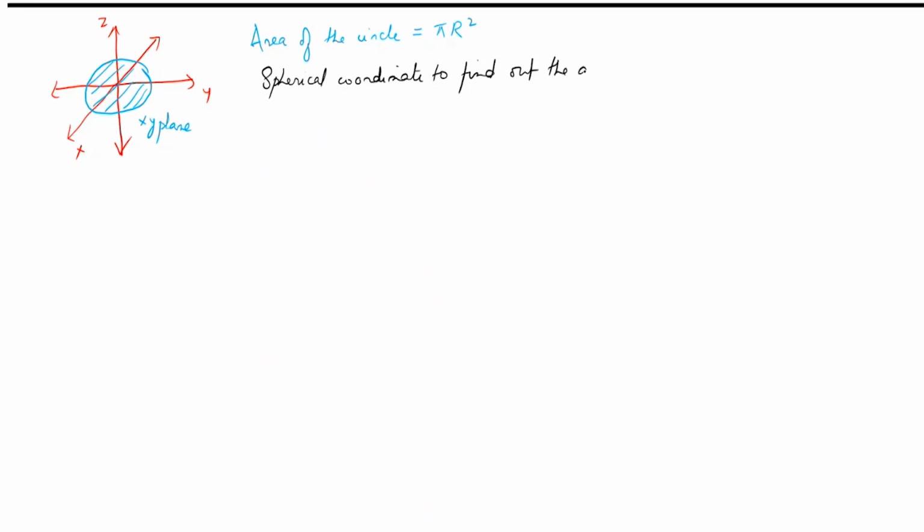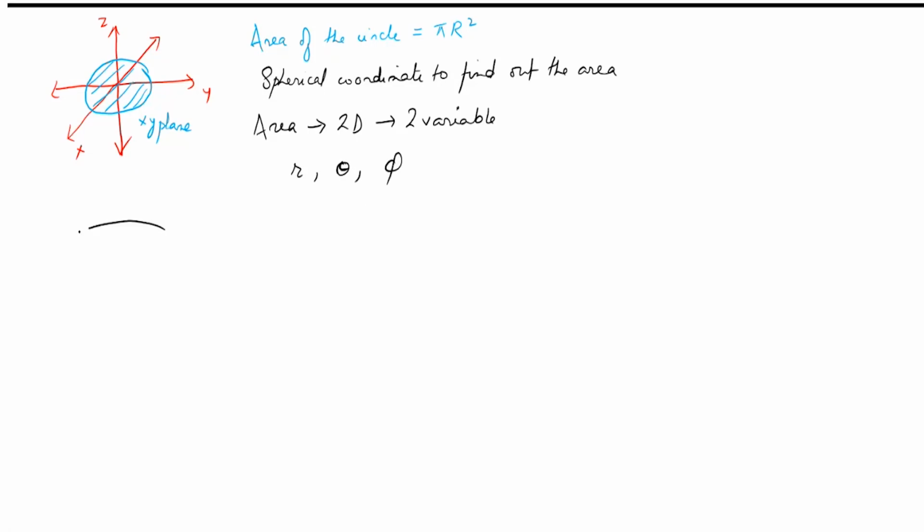Find out the area. So is area 2D or 3D? 2D. So I need two variables. In spherical coordinates, there is r, theta, and phi.